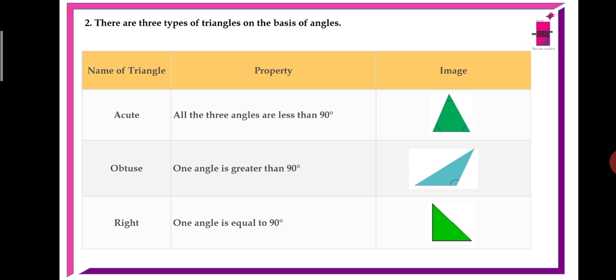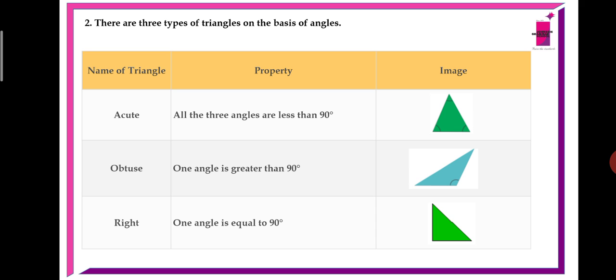For example, acute scalene: 50, 60, 70. The three angles of an acute angle triangle are 50, 60, 70. There are three different angles and they are below 90.